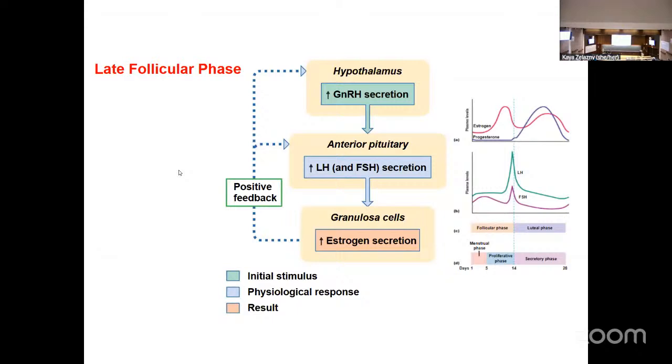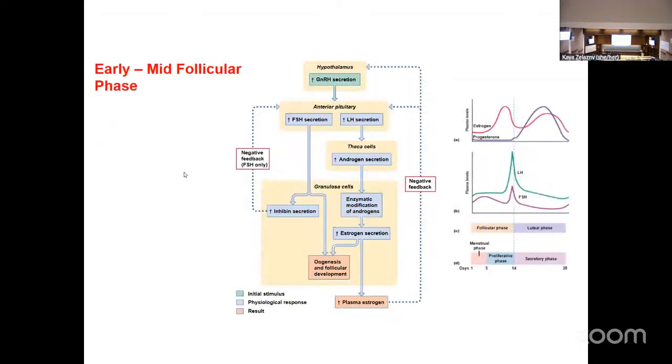Okay. But when we get to the late follicular phase, if we focus back on what's happening in this interaction between the ovaries and the brain and these hormones, we're going to see a shift in what estrogen does, right? So in this earlier chart, we saw that estrogen was creating negative feedback, right? So plasma estrogen was keeping that LH secretion down and keeping this hypothalamic hormone also down.